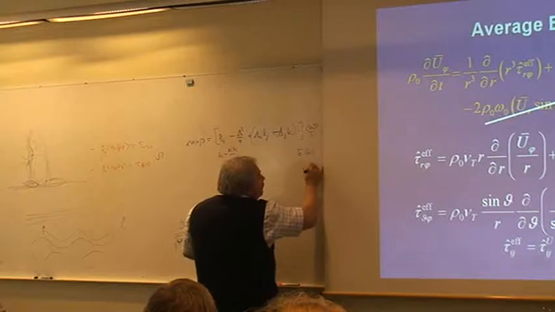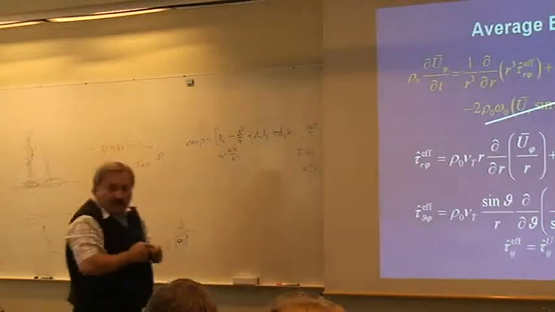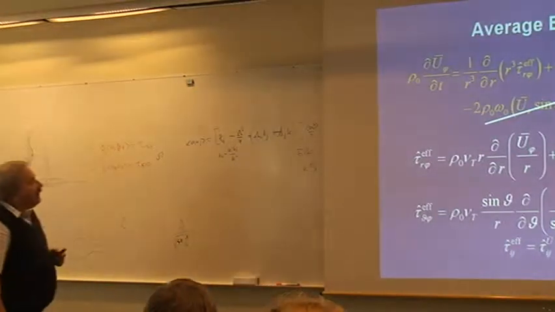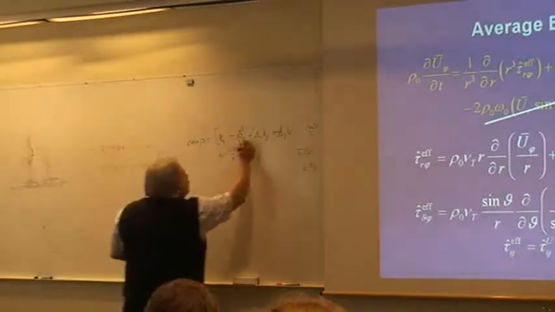So the second term should be tensor, delta J.